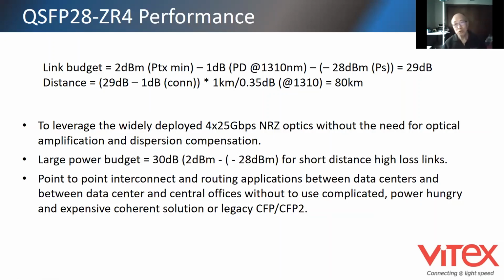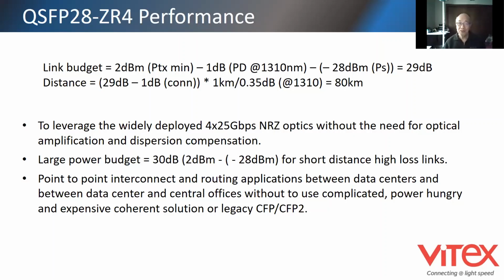Then you also minus the sensitivity, and you come up with a power budget, not link budget, power budget of 29 dB. You minus some connector loss, and it will translate to 80 kilometers of single mode fiber.